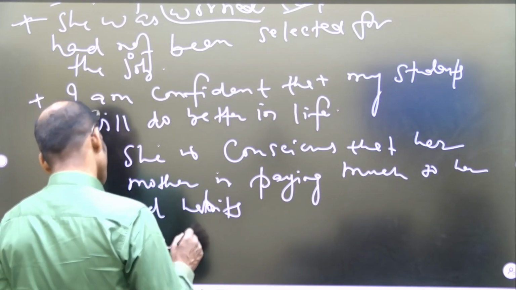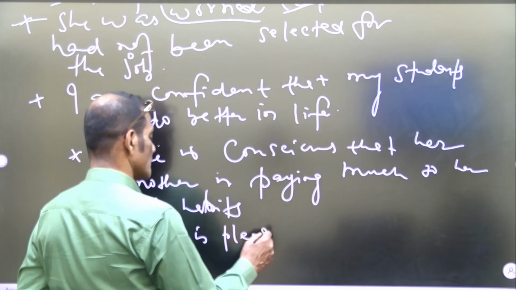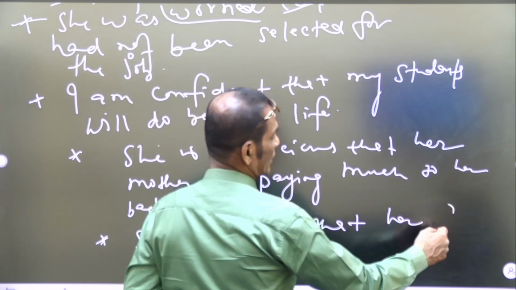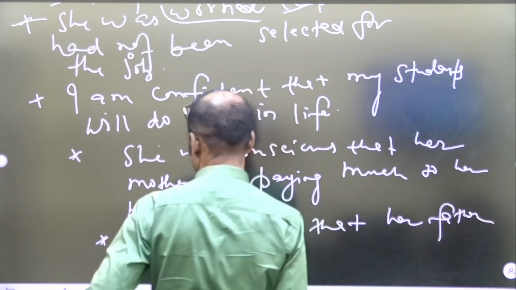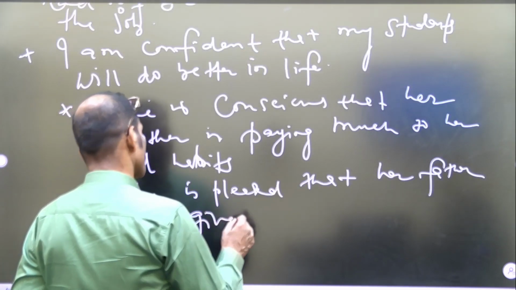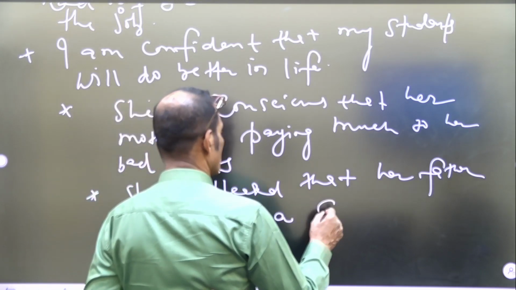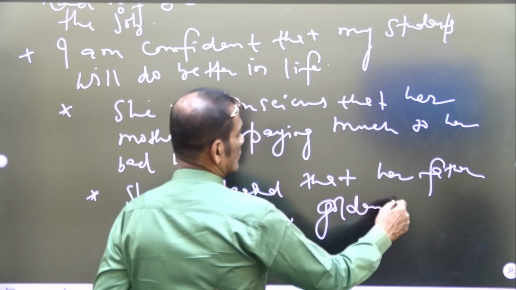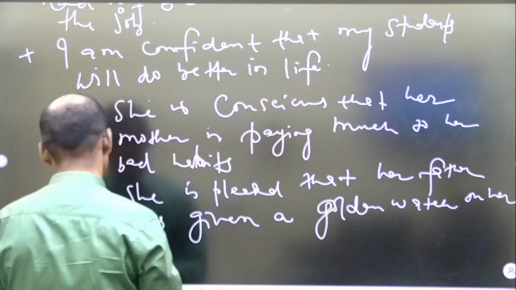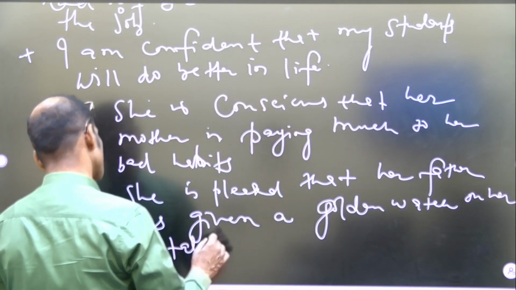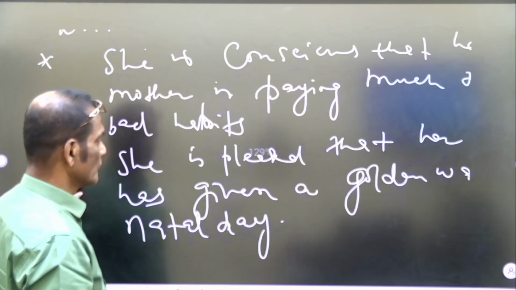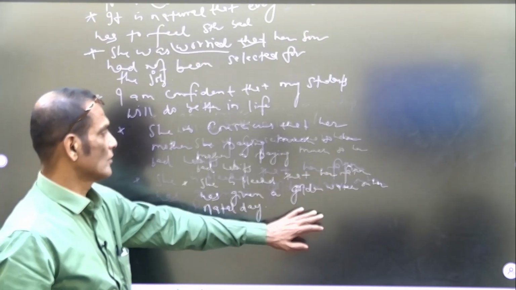She is pleased that her father has given her a golden watch on her natal day. Natal day means birthday. So this is clear, I think.